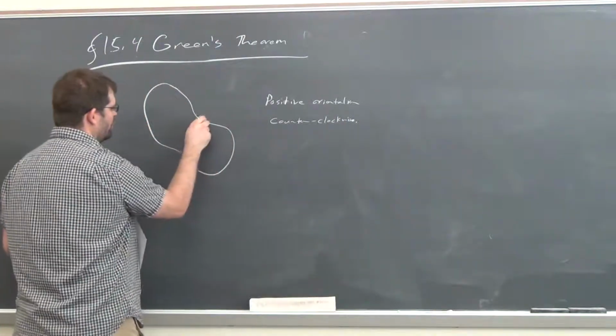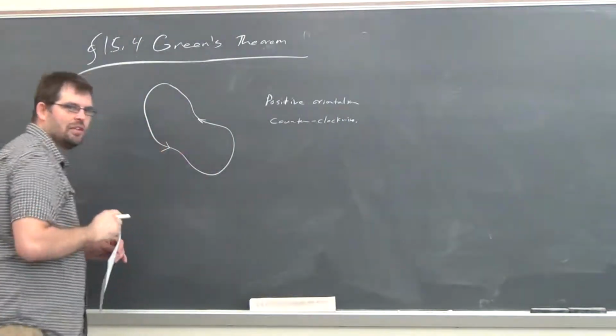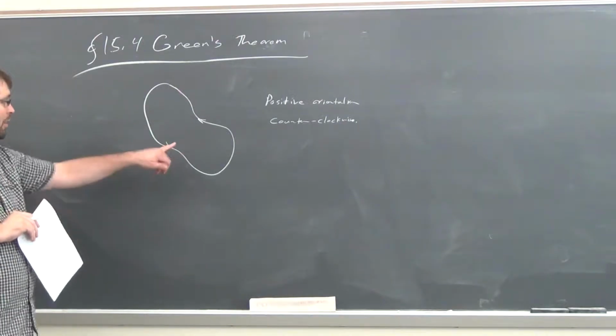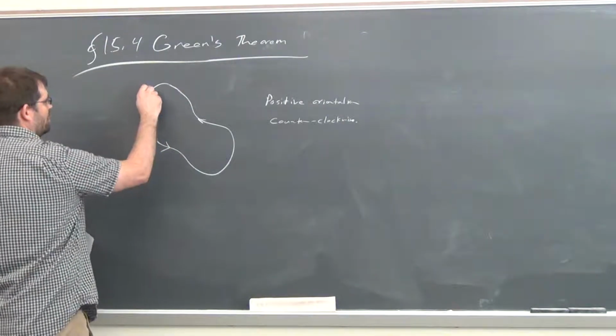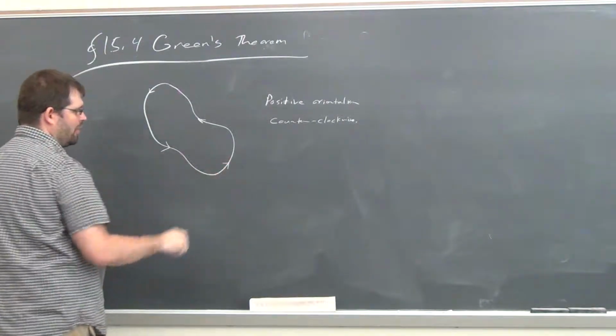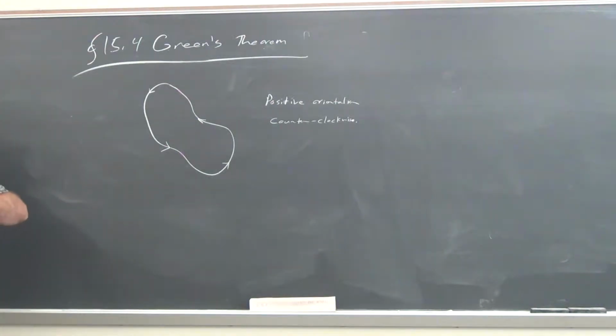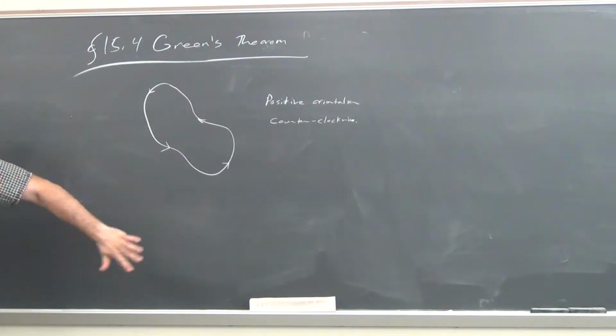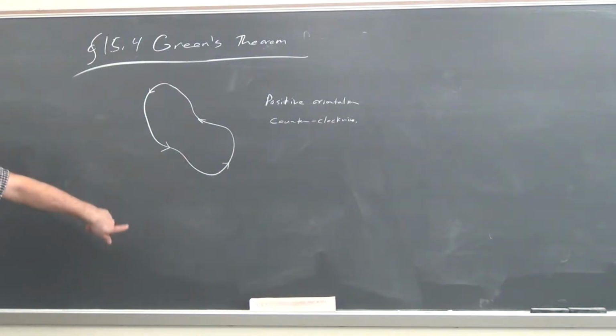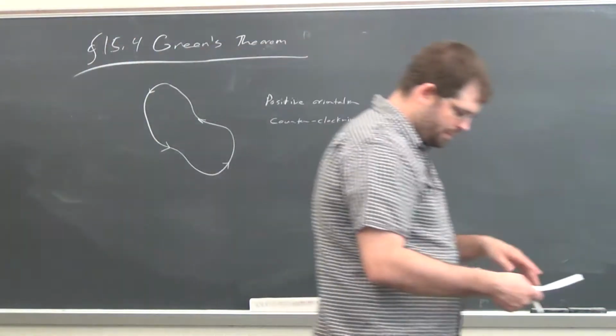It'll get a little bit goofier when you start putting holes in something, but for right now, let's just think of it that way. So this has positive orientation because you're moving around this way. And so when you think of positive orientation, you should just think as you walk along your curve, following the arrows, your region's always off to your left. Okay? So if you follow the direction of it, it's off to the left.